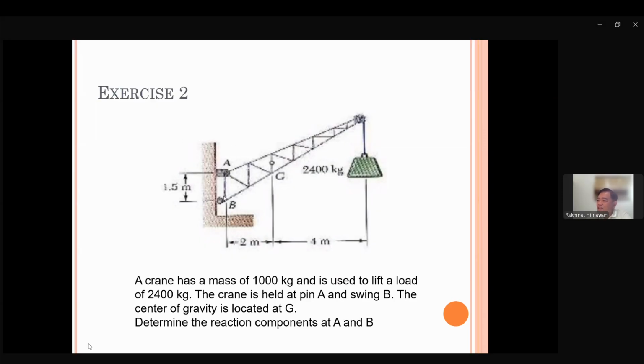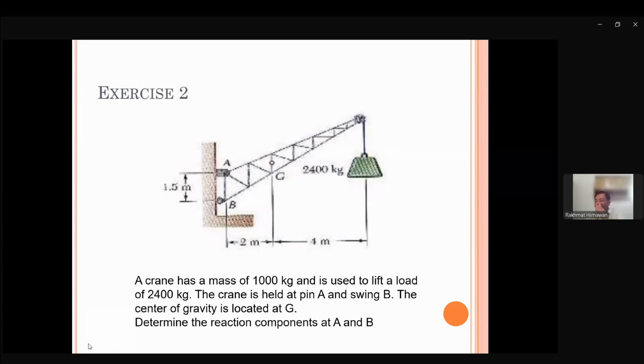The dimension is 1.5 meter, and the center of mass of the crane is 2 meter from points A and B, and 1 meter from the load.